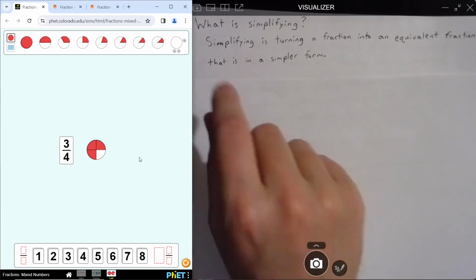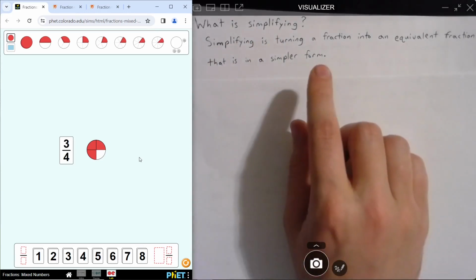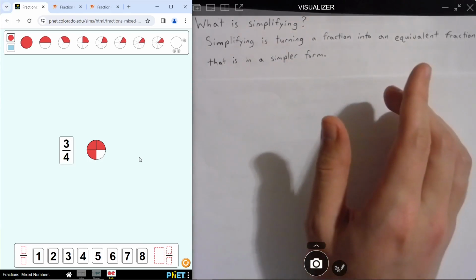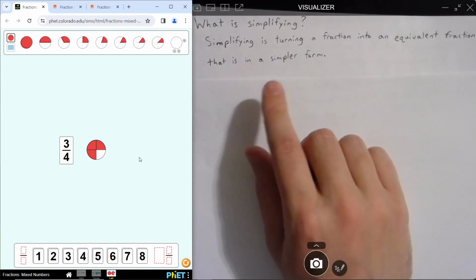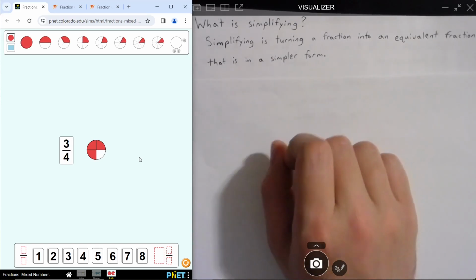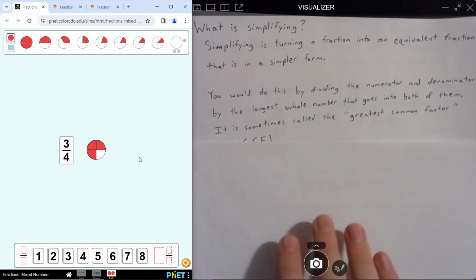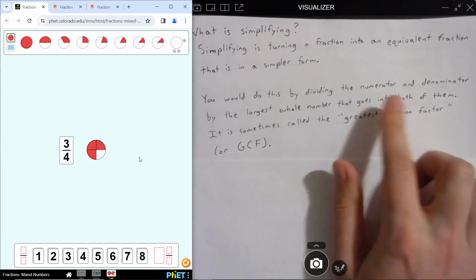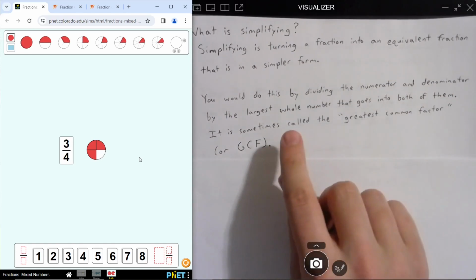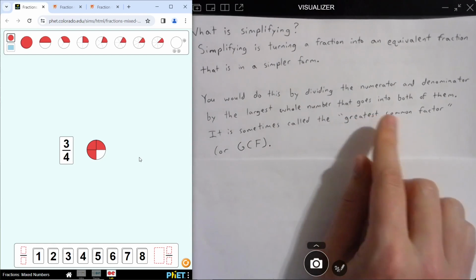So we get to the question, what is simplifying? Well, simplifying is turning a fraction into an equivalent fraction, or a fraction that's equal to it, that is in what's called a simpler form. How would you simplify? Well, you would do this by dividing both your numerator and your denominator by the largest whole number that goes into both the numerator and the denominator.